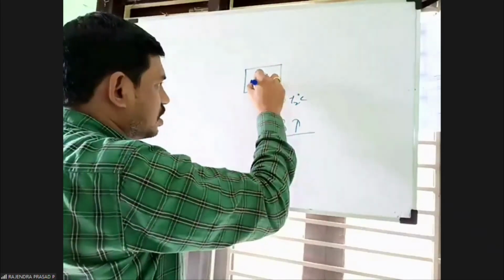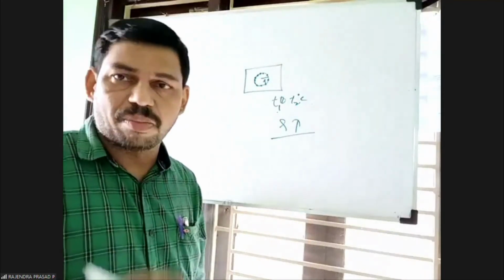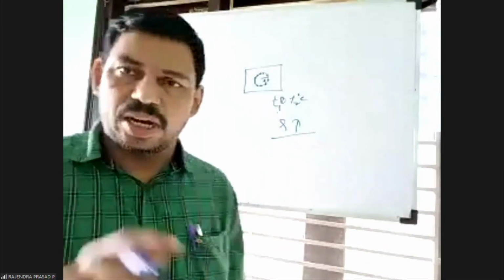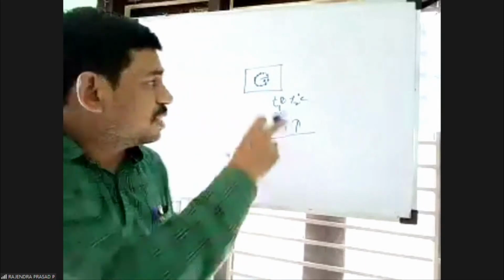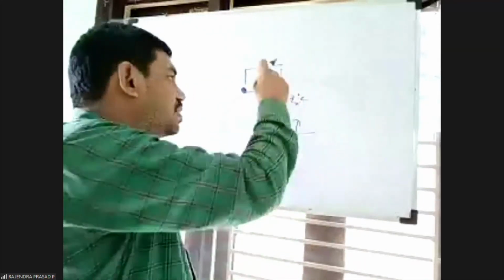Actually, this is the intermolecular distance. Some molecules or atoms are present in a metal plate, for example 10 or 20 molecules.